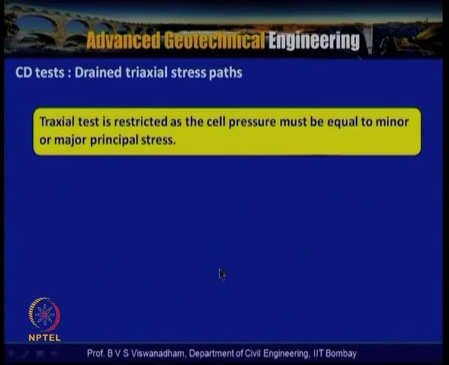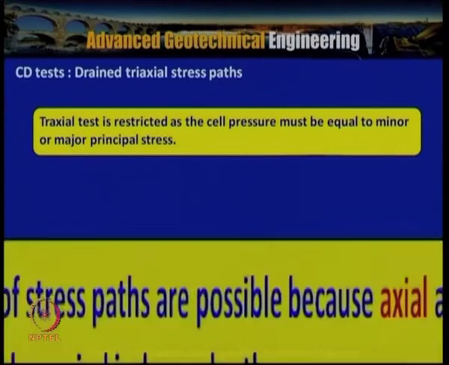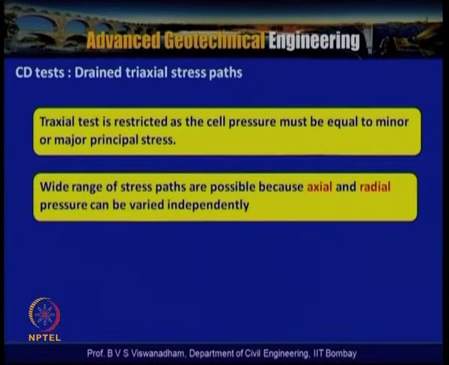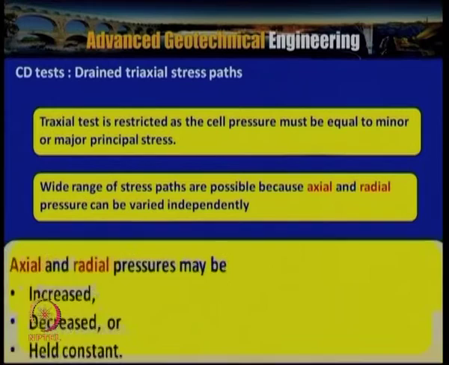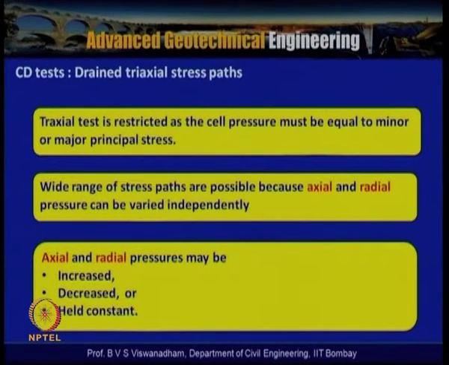The triaxial test is restricted, as the cell pressure must be equal to the minor or major principal stress, but a wide range of stress paths are possible because axial and radial pressure can be varied independently. Axial and radial pressures may be increased, decreased or held constant. So what we are deliberating is the number of types of tests that are possible and can lead to different stress paths.